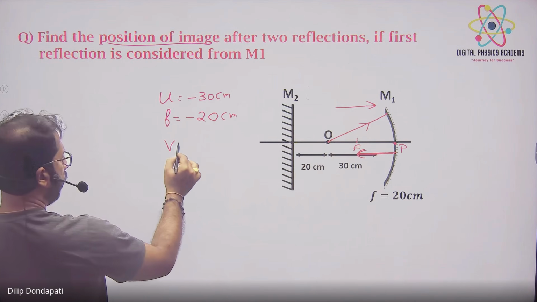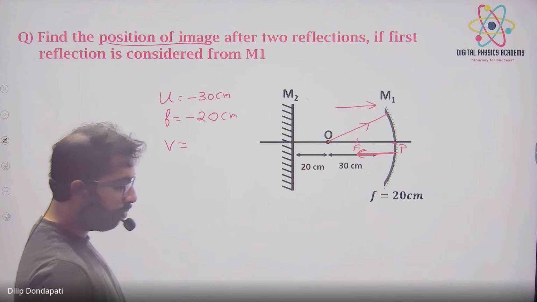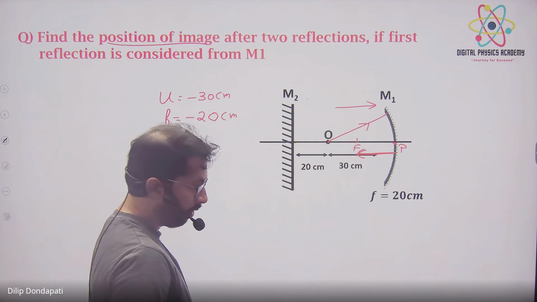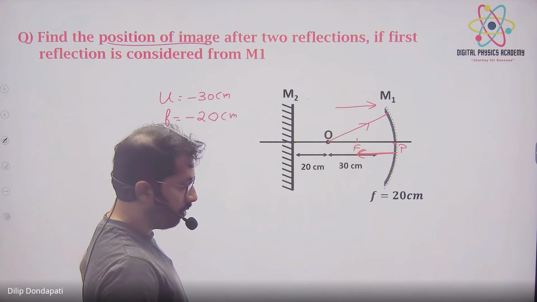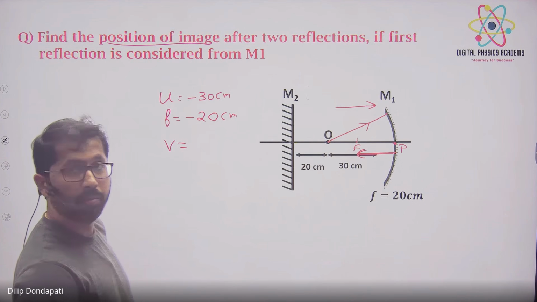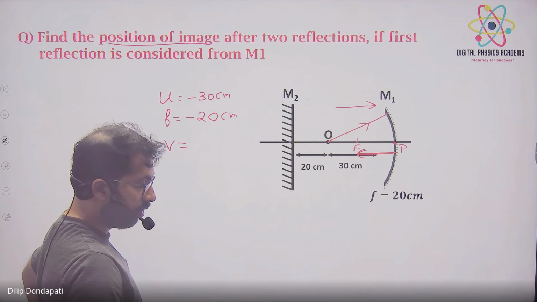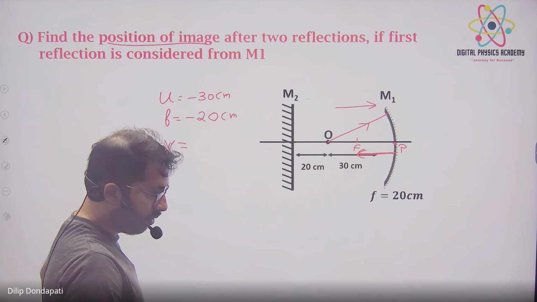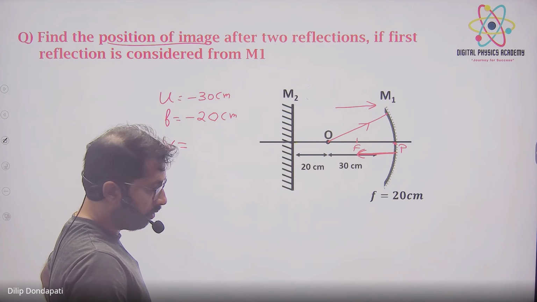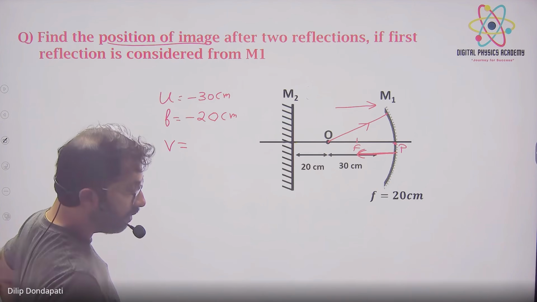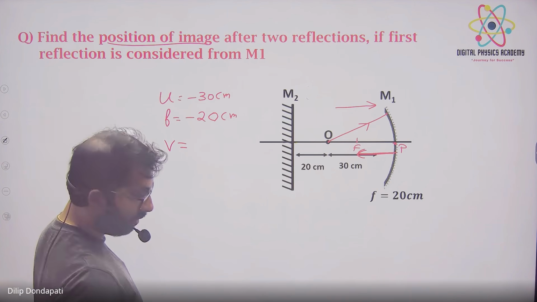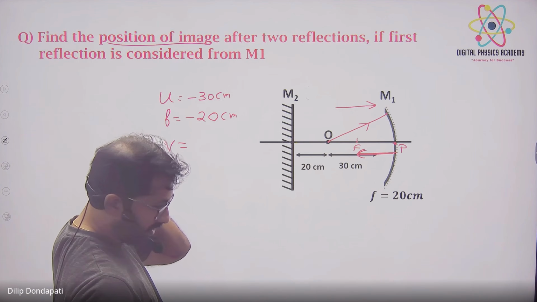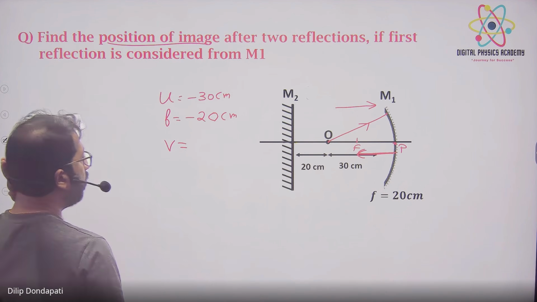Now find V. UF by U minus F. So 6 centimeters? No. UF by U minus F. Minus 6? No. UF by U minus F, right?